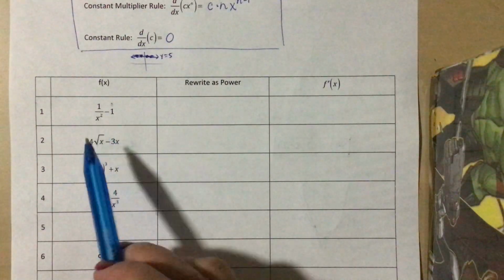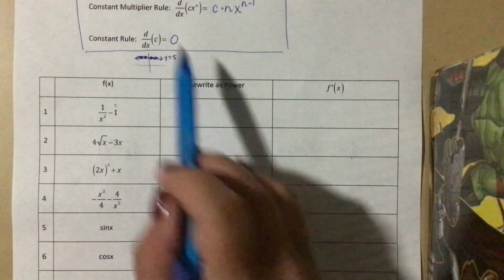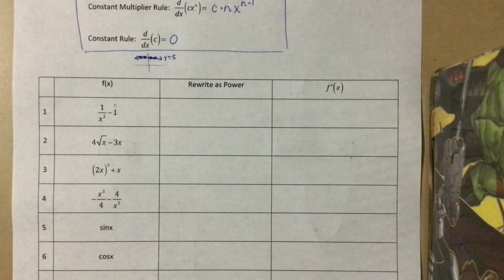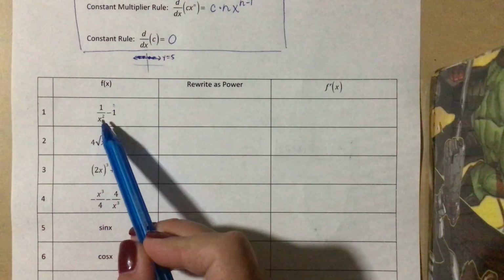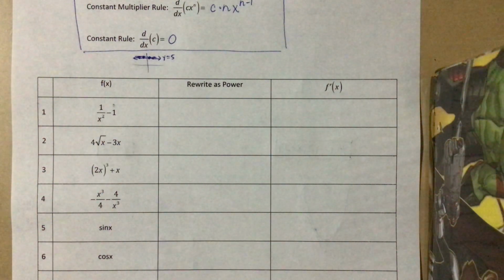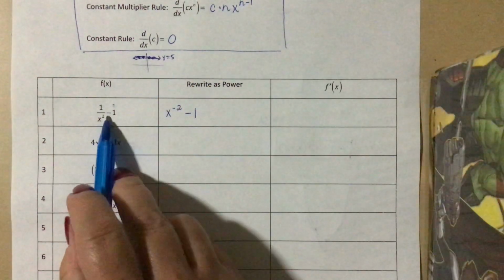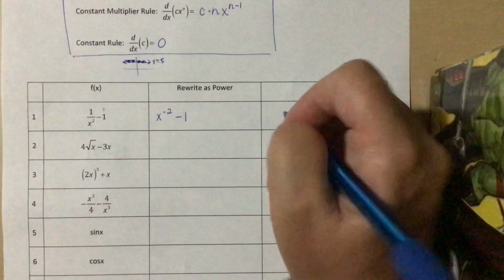So starting out with 1 over x squared minus 1. This is our function. We're going to work on rewriting it in this format, and then we're going to take the derivative and put its simplified version here. So 1 over x squared, if we take that out of a rational format, that is actually x to the negative 2, minus 1. And then writing it as a power, I can take this derivative.